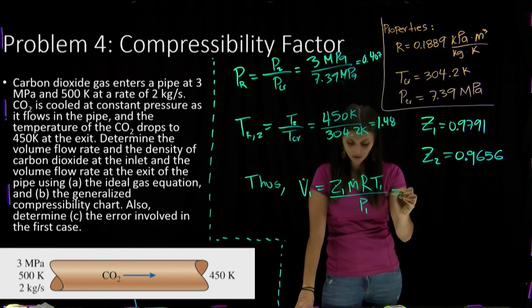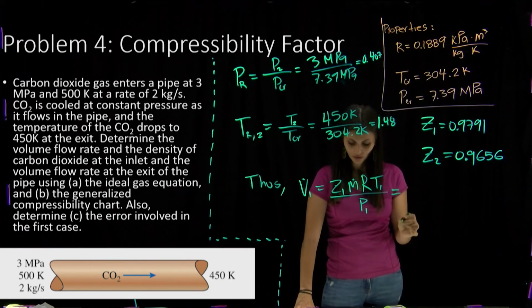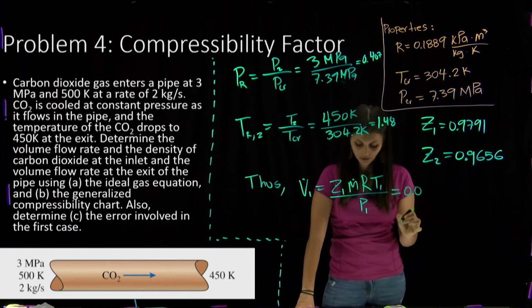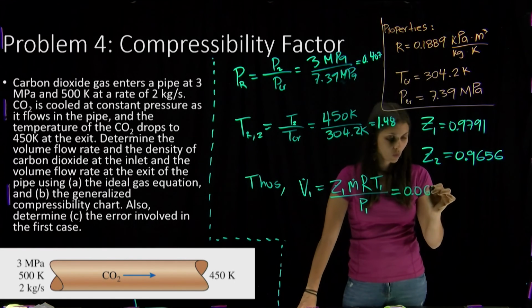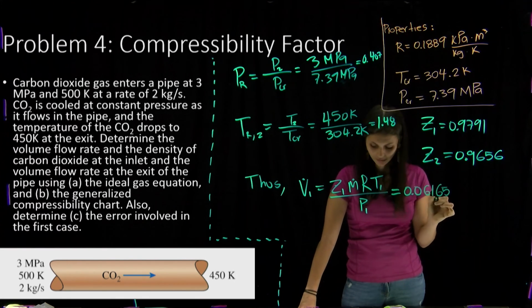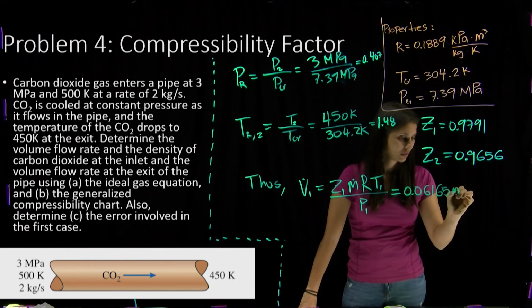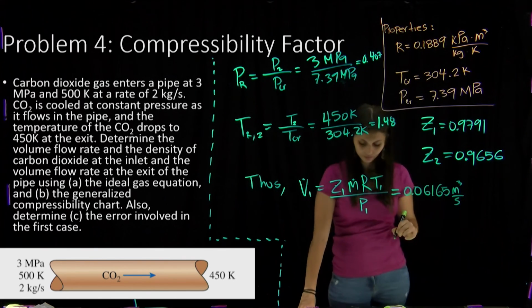These turn out to be 0.06165 cubic meters per second.